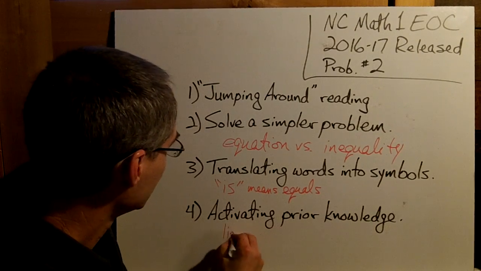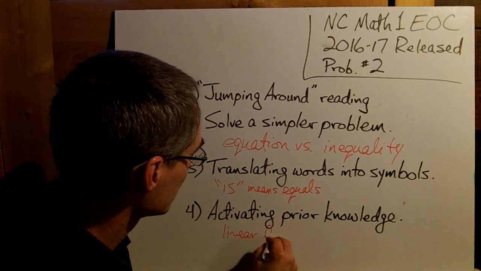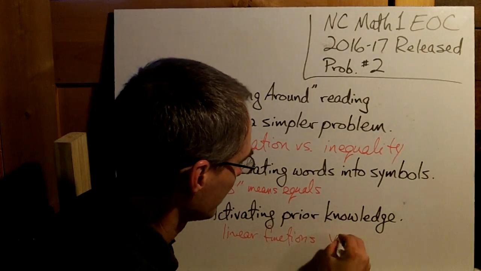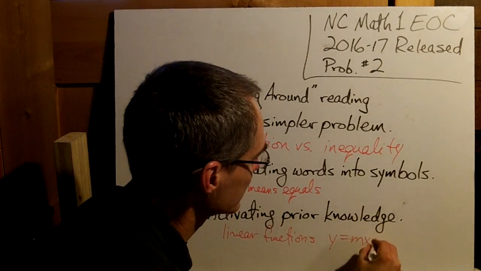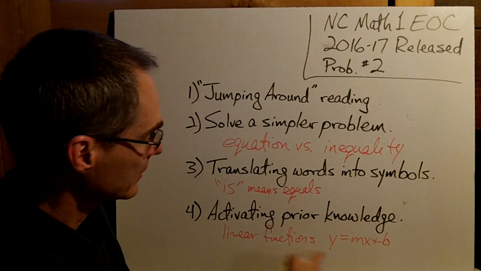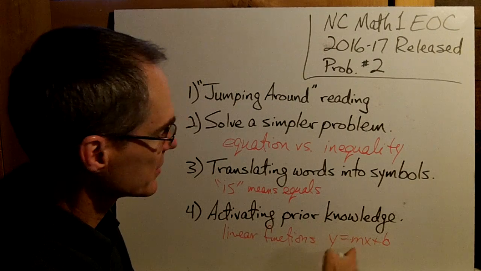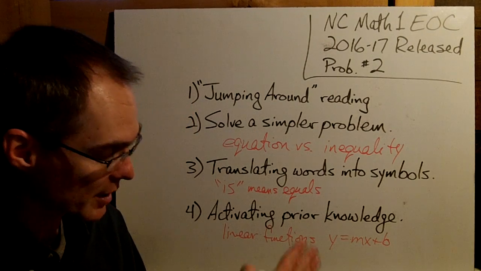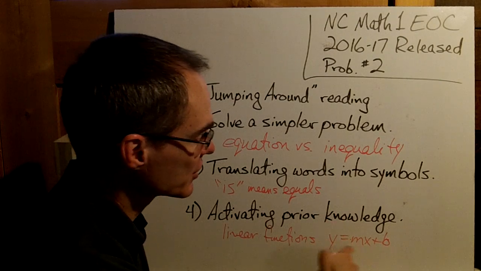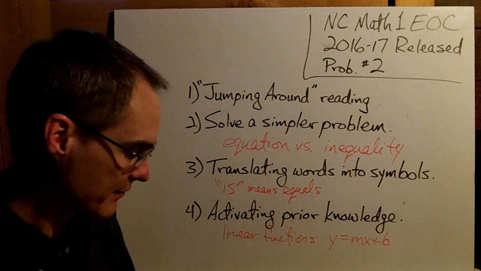and in particular the y equals mx plus b form of a linear function, the slope-intercept form, which we used in order to come up with the algebraic expression of our straight line graph.